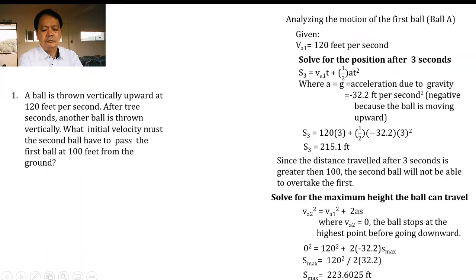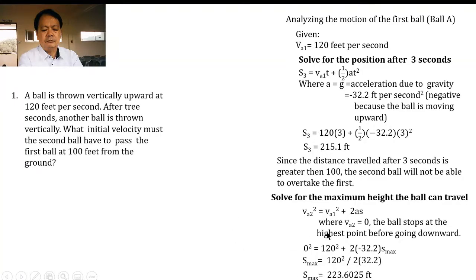Ang ibig sabihin nito, balikan lang natin, at 3 seconds, meron na siyang 215. At pagkatapos, ang pinakamataas niyang matatravel according to our equation is 223.605. Ibig sabihin, malapit na marating nitong ball 1 yung pinakamataas bago ma-release yung second ball.